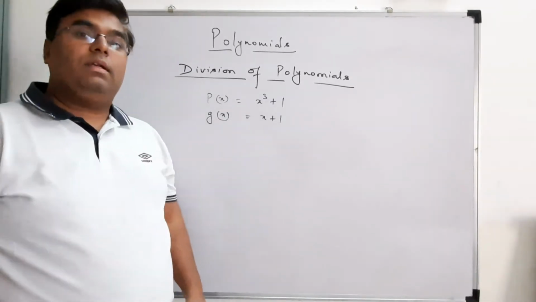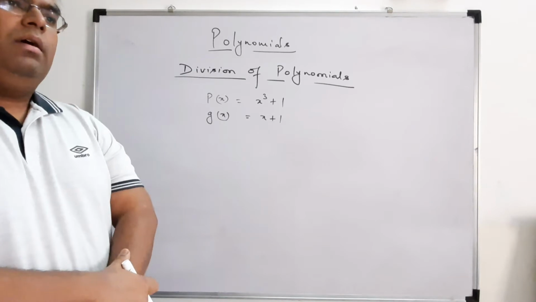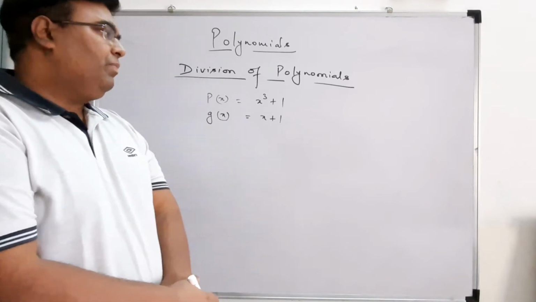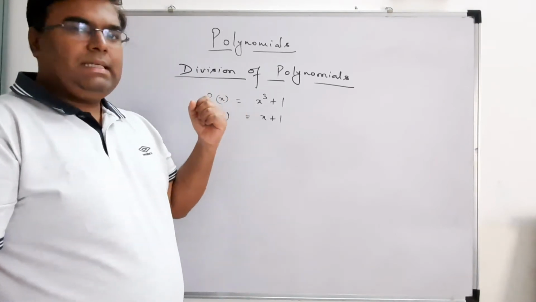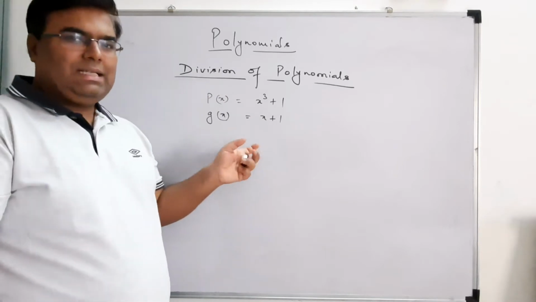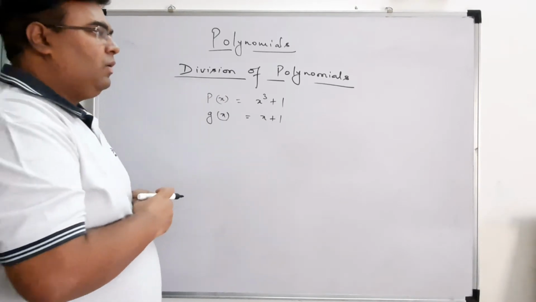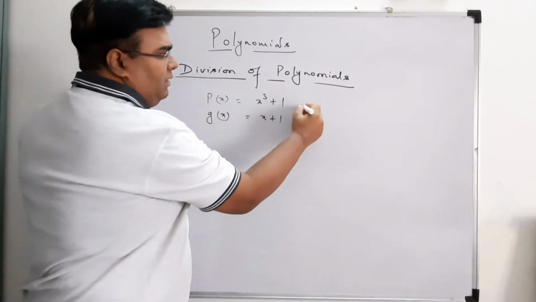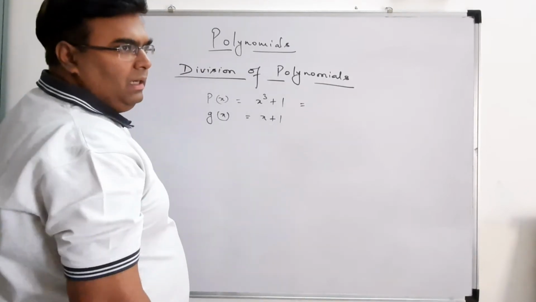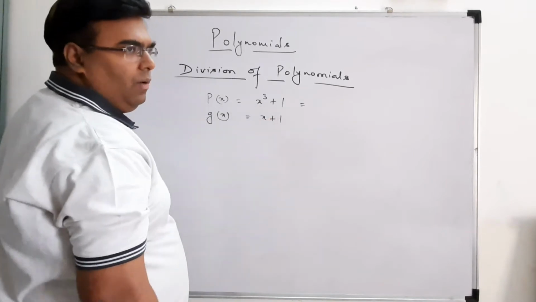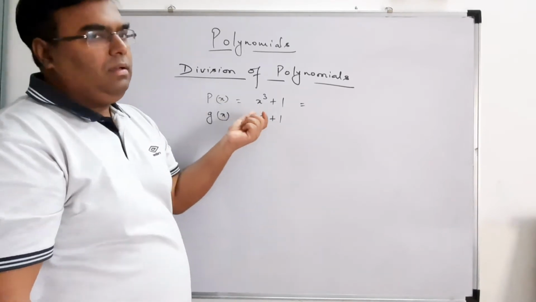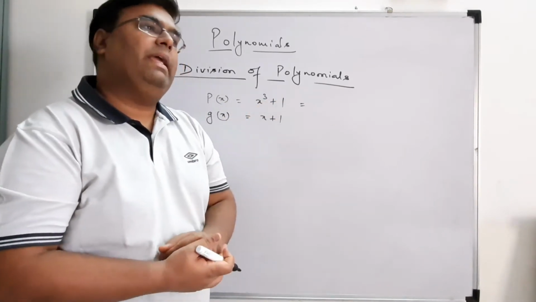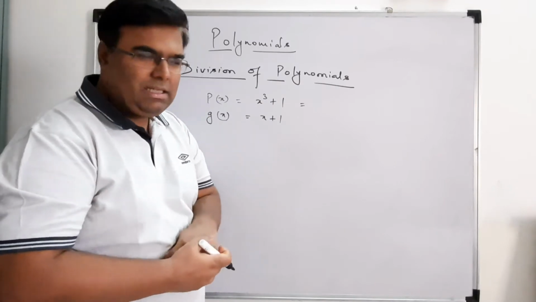Okay, let us take another example, and we will do it again by long division method. Here my p(x) is x cube plus 1 and g(x) is the same, x plus 1. So let us see how to divide it. We can write p(x) in standard form, it is already in the standard form, but here there are some missing terms, like x square is not there, x is not there.